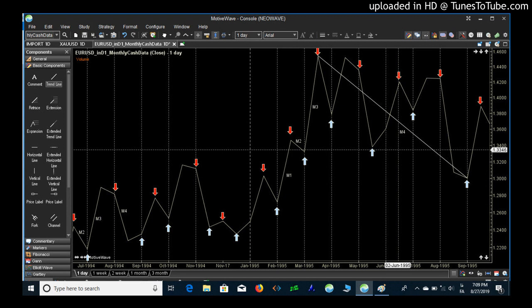So now when all that's done, that still doesn't mean your count is correct. Probably the most important part of Neo Wave that separates it from orthodox Elliott Wave is the concept of confirmation. So you want to go to your book if you have a copy, and go to chapter 6. Chapter 6 is all about the confirmation process.